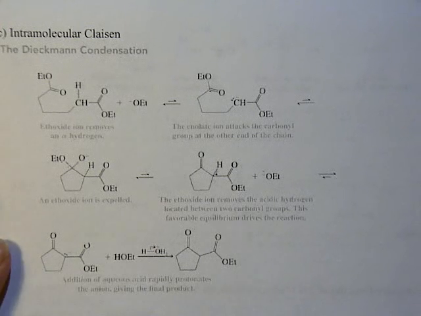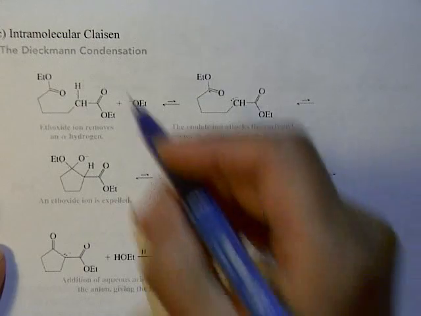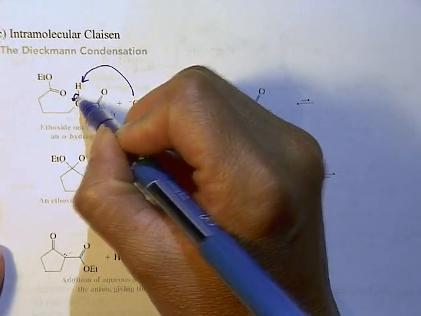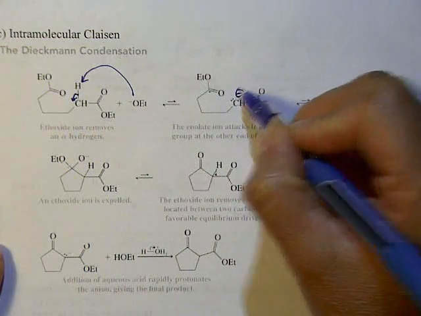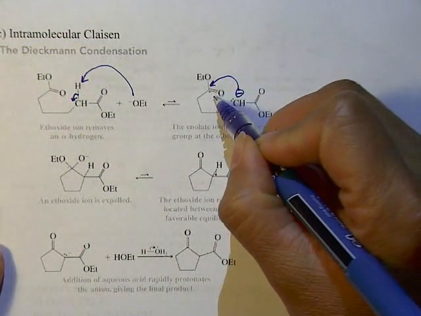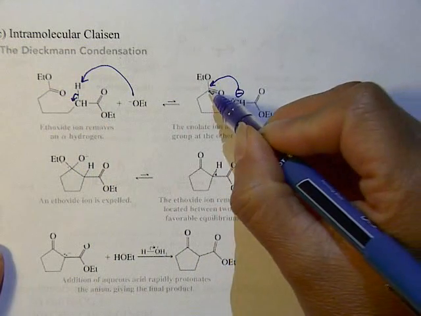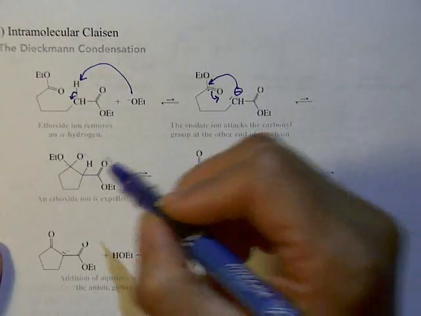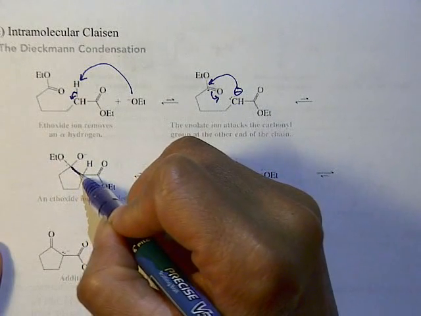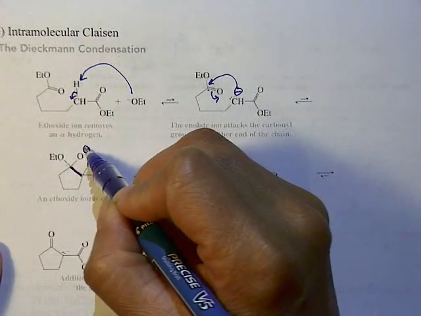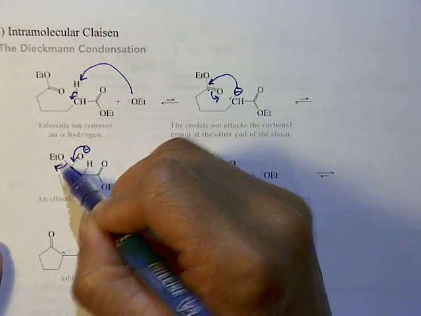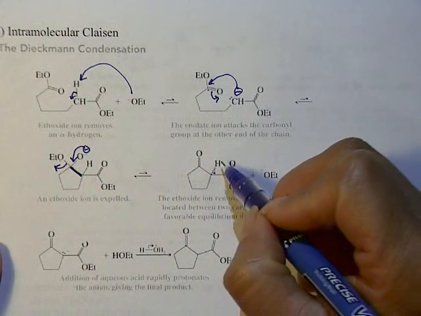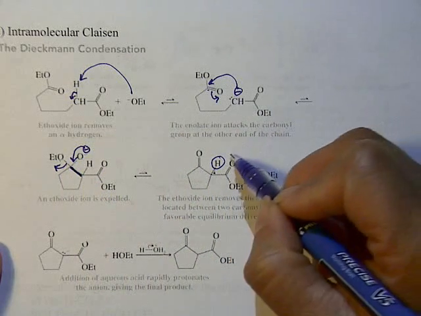So in this example, you're forming an enolate by deprotonating this proton to form this enolate, and then that is going and attacking this carbonyl that's within the same molecule. So you're forming this bond right here, and then the O minus comes down, and then it kicks off the ethoxide, so reforming the C double bond O, and then this proton is very acidic.